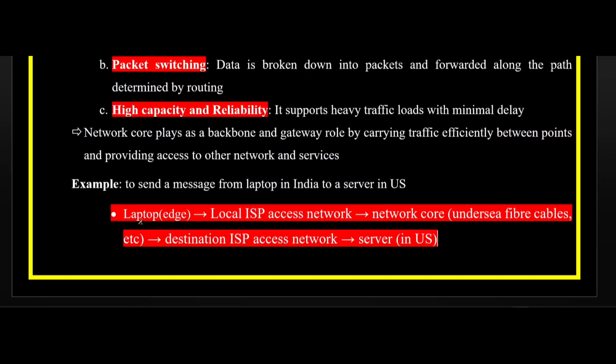Those are undersea fiber cables connected between countries. The message reaches the destination ISP network and then the server in the US. And that's how the network core works, and the message flows from one place to another.